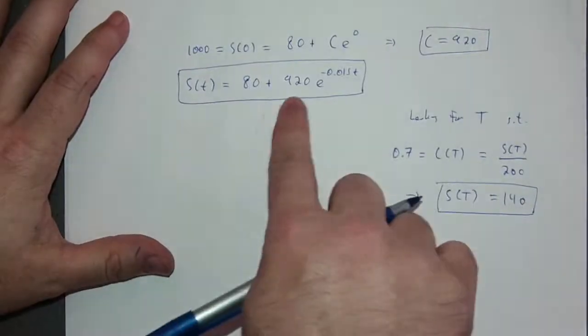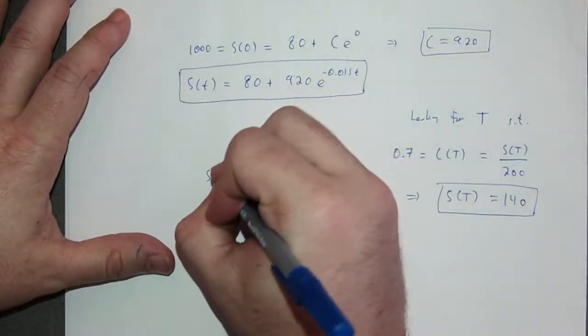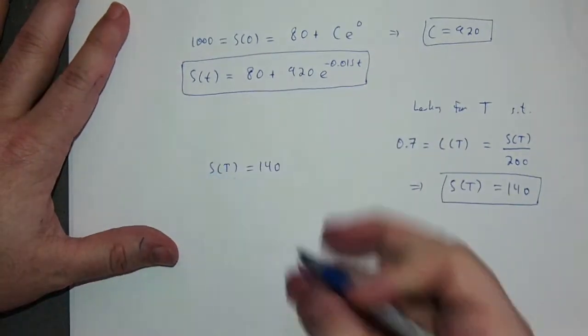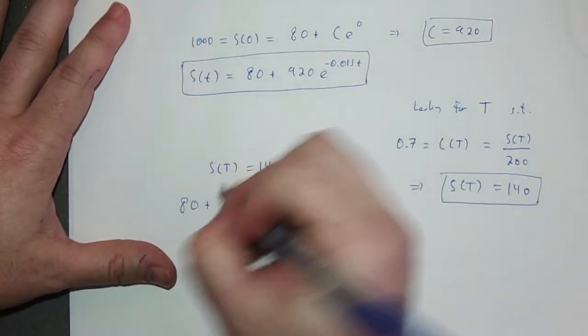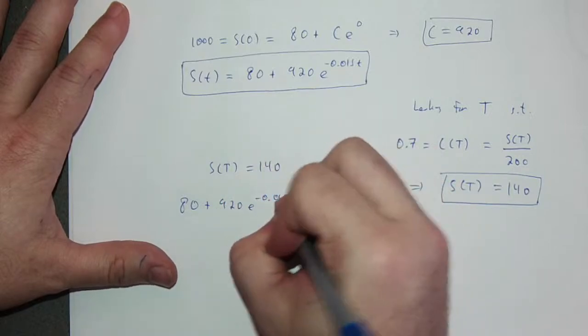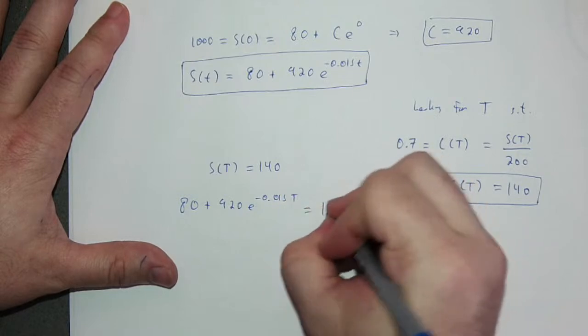So I want to solve the equation S of T is equal to 140. But what is this equation? This is the equation 80 plus 920 e to the minus 0.015 big T is equal to 140.